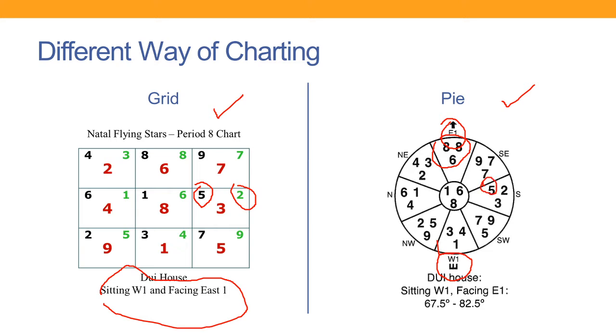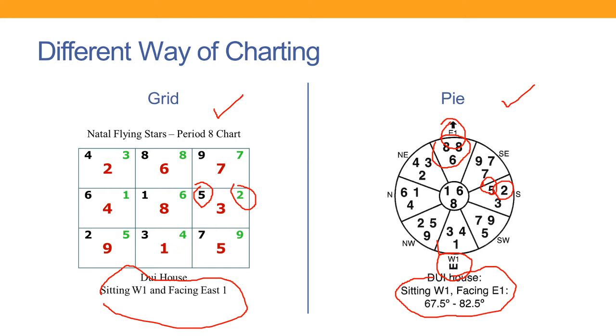I just wanted to show this to you because there are two different ways of charting. One using a grid chart and another using a pie chart, but they're basically the same. They're depicting the same Dui house in the same facing and sitting direction. Same location, same direction.